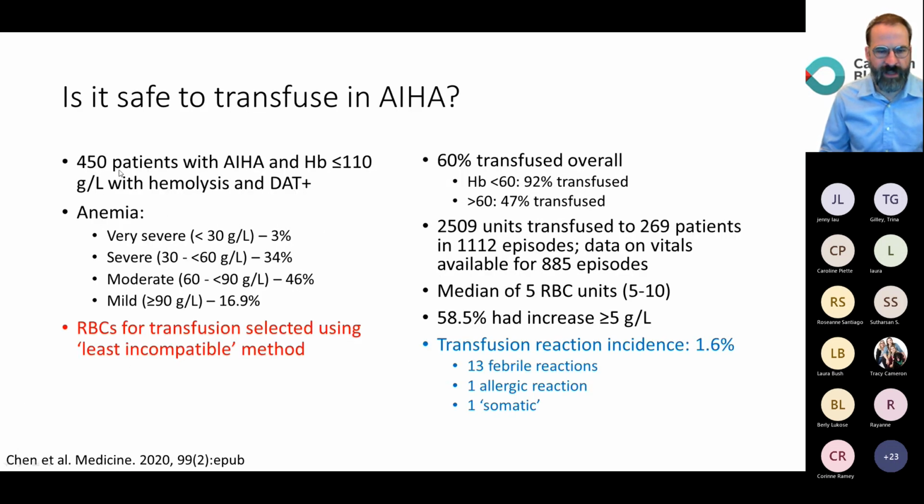And there is evidence to suggest that transfusing patients with autoimmune hemolytic anemia is okay from both an efficacy point of view and a transfusion reaction point of view. So some data support that.